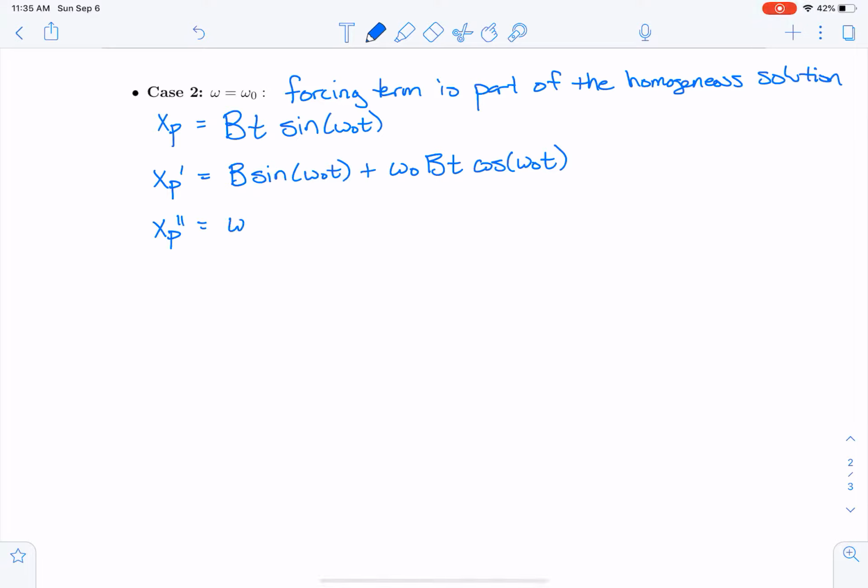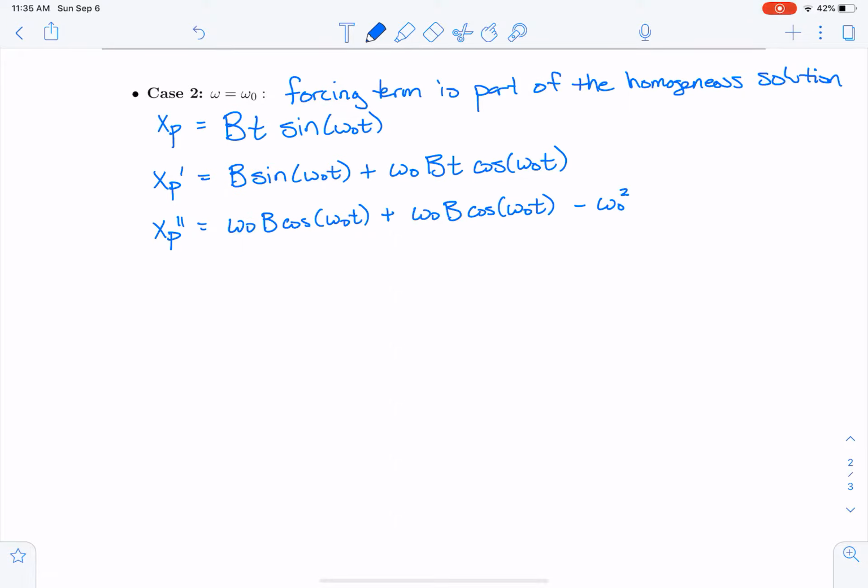I have an omega 0 b cosine of omega 0 t plus, and now using the product rule on the second term, I have omega 0 b cosine of omega 0 t, and then a minus omega 0 squared bt sine of omega 0 t. So I can combine those first two terms as 2 omega 0 b cosine of omega 0 t.